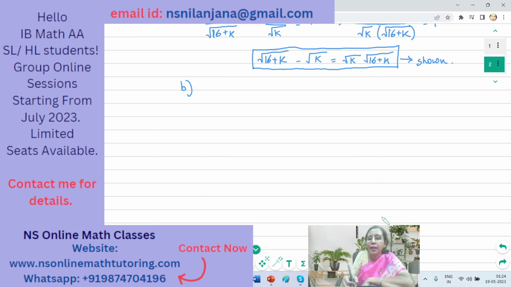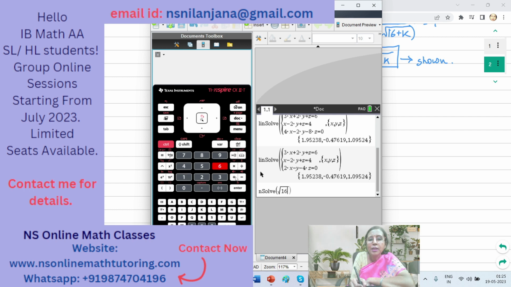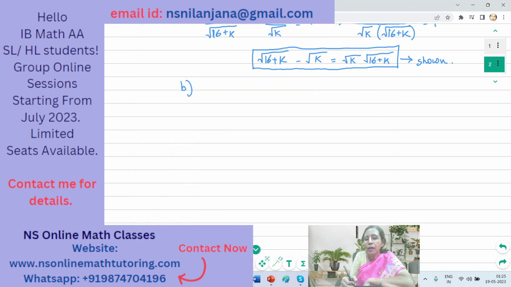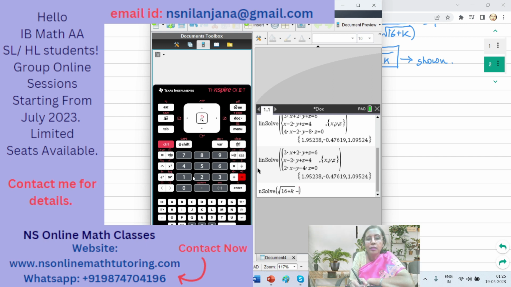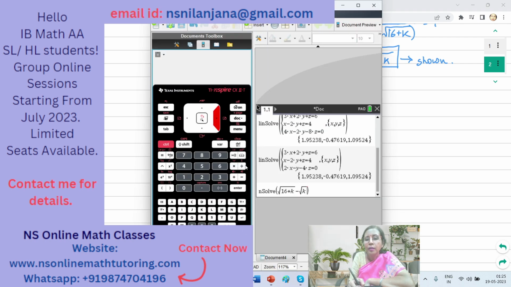It is root 16 plus k minus root k, and let me bring this also to this left hand side, minus root k times root 16 plus k equal to 0.